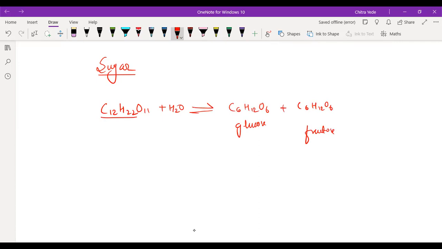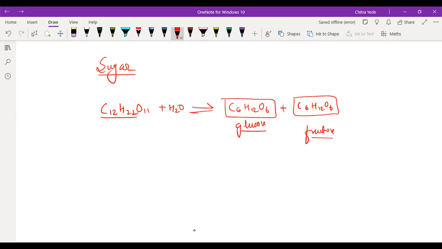Both glucose and fructose have the same molecular formula, but the functional group is different. In glucose we have an aldehyde group and in fructose we have a ketone group.